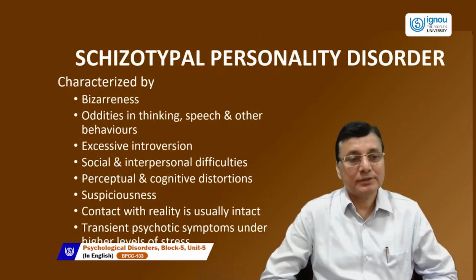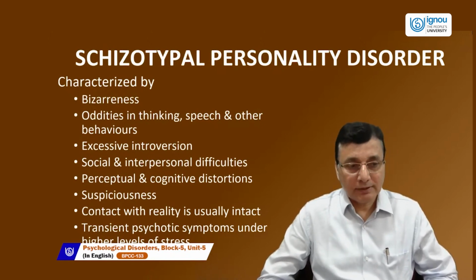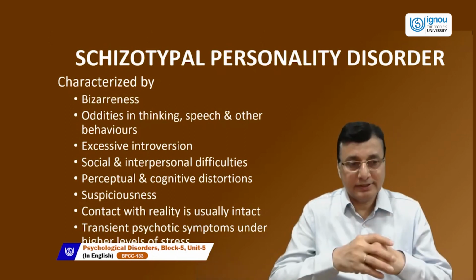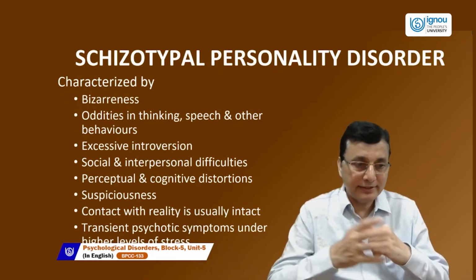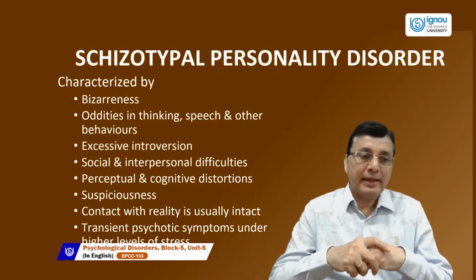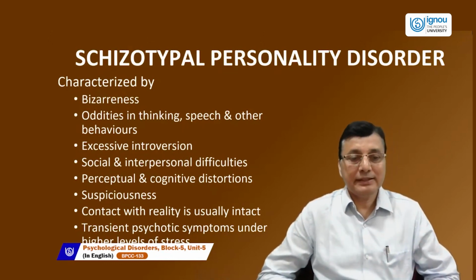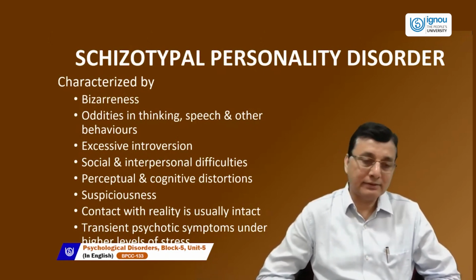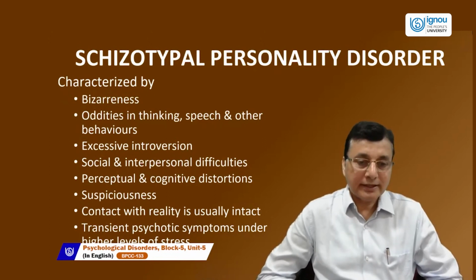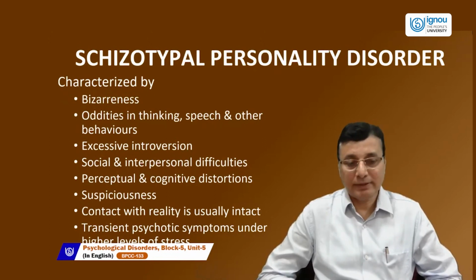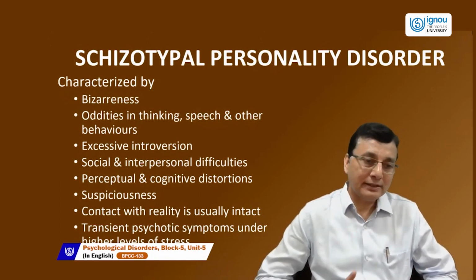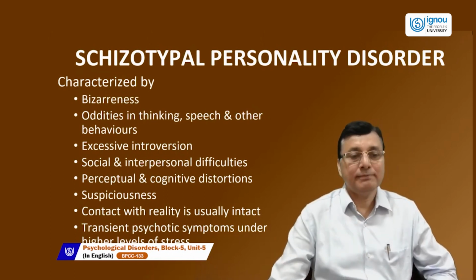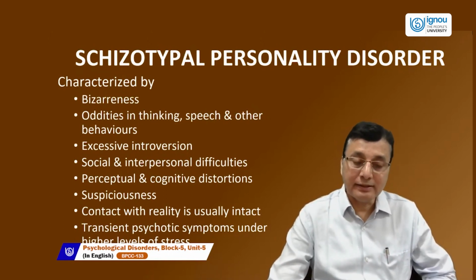And perceptual distortions are also very fleeting, and whatever they perceive they distort, they see it differently, they think differently, and they are suspicious, but their contact with reality is generally intact, though sometimes they may lose reality contact. Transient psychotic symptoms under a higher level of stress may be there. Like the hallucination and delusion, which may appear very fleetingly when they are highly stressed.